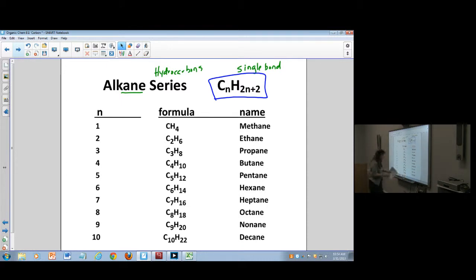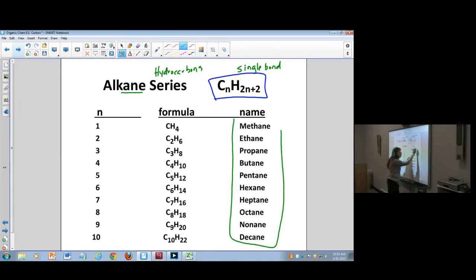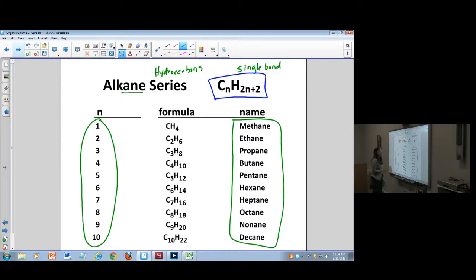Now, I expect for you to be able to recognize and work with every 1 through 10 carbon chain. You should be able to know its name, and you should be able to know the number of carbons. The ones I expect you to be able to work with in terms of converting back and forth and identifying in certain cases are octane.